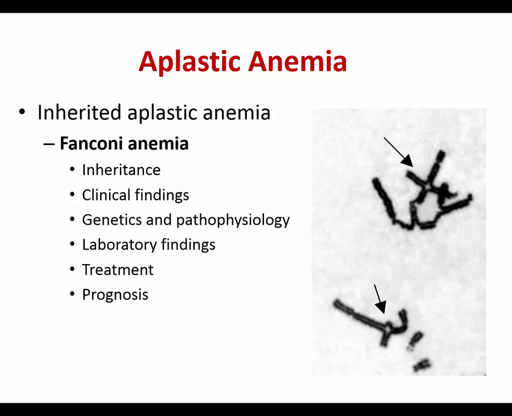As time goes by, it's going to cause segmentation of the chromosomes. So the chromosomes are going to be falling apart, which is going to be bad news. By the age of 40, about 90% of these people are going to have bone marrow failure. And if they don't get a bone marrow transplant, they will die.